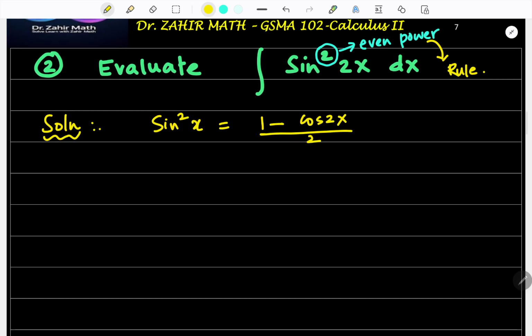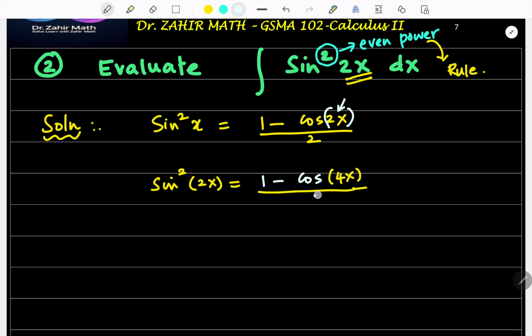These are the rules I gave you in the beginning of this video. Now we have the situation sin²2x, so the angle is multiplied by 2. If the angle is multiplied by 2, this angle also gets multiplied by 2. So this will be (1 minus cos4x) divided by 2. Clear?